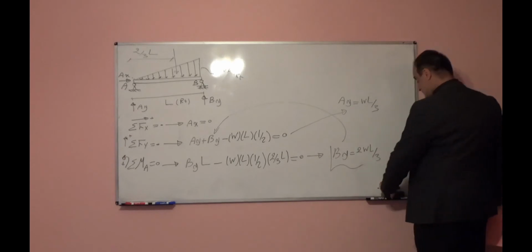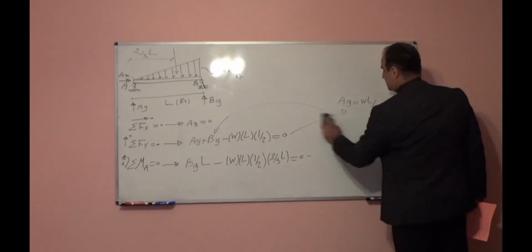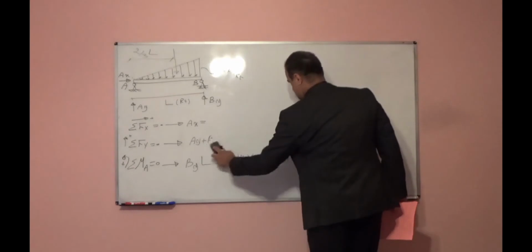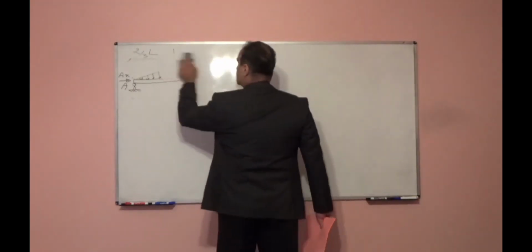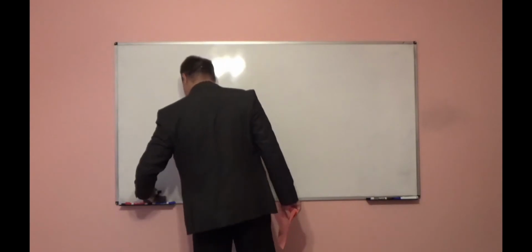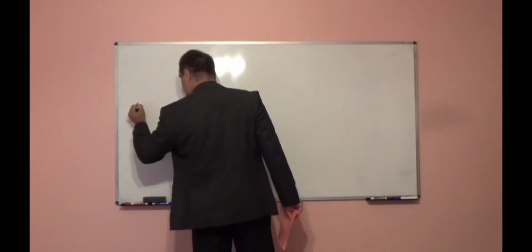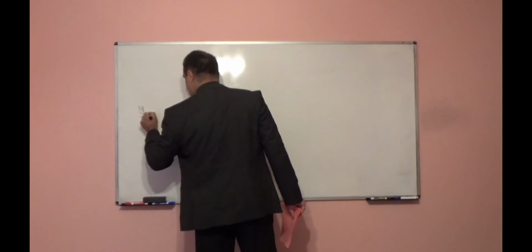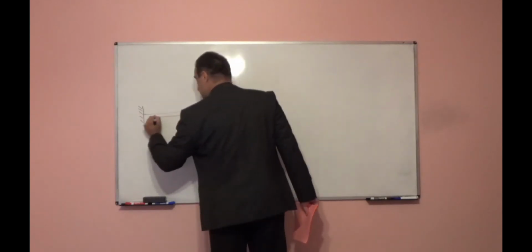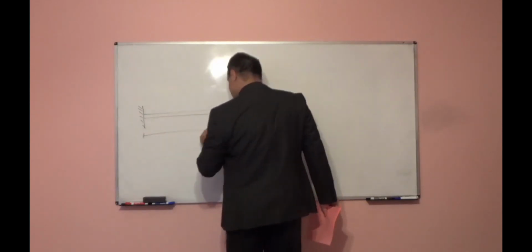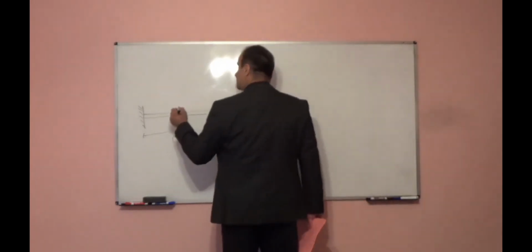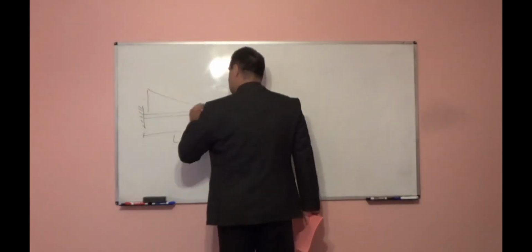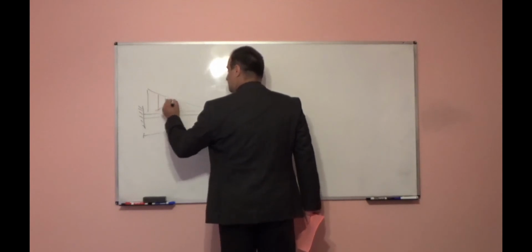Let's look at the next example. Next example, assume you have a cantilever beam. Cantilever beam means one end is a fixed support, and the other end is free. The length of this cantilever beam is L. It is subjected to, for example, a distributed non-uniform load.